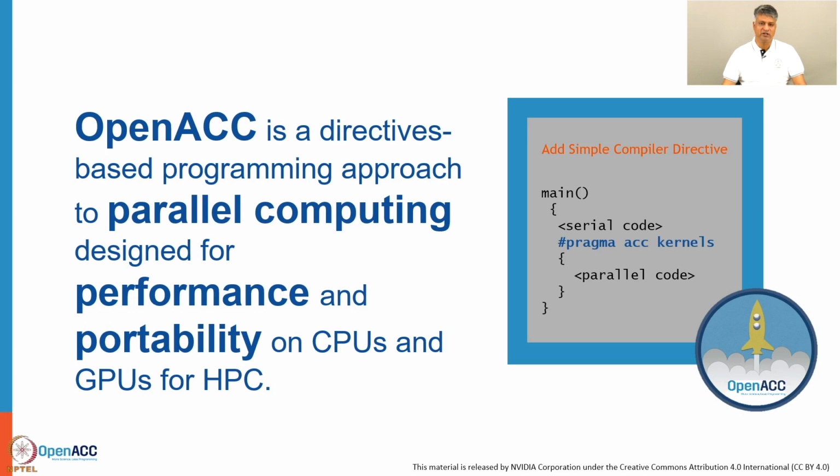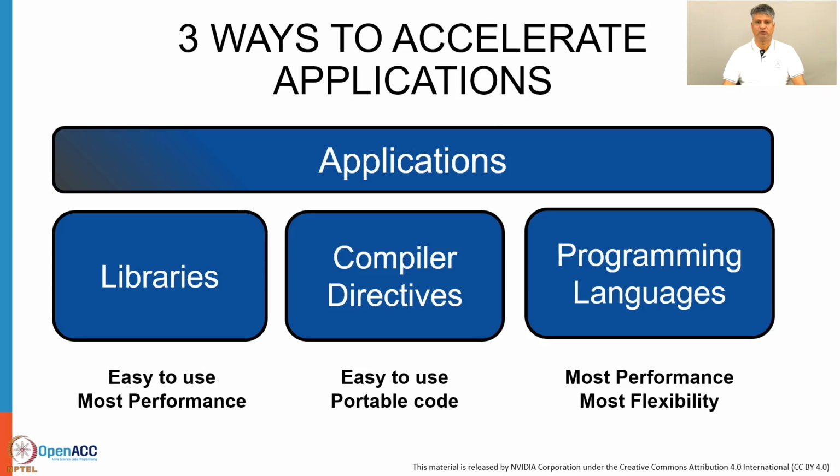So, in short, you'll have the same code, with some simple compiler directives in it, and depending on the nature of the machine, it will either run on the CPU or on the GPU, giving you high performance.